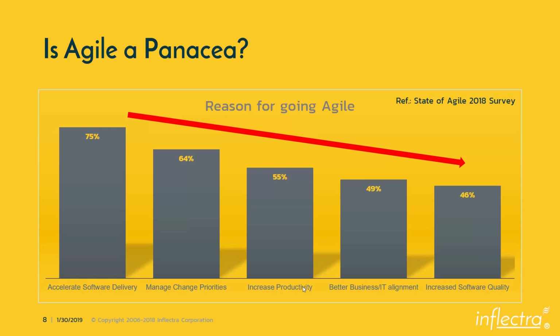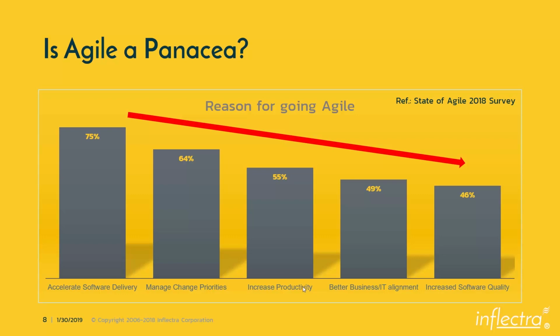In fact, despite 64% of the industry claiming to use Agile as a framework to manage changing priorities, only 55% claim productivity increases and 49% see Agile as just a means to align business and IT. So just going to Agile is not going to be a solution.